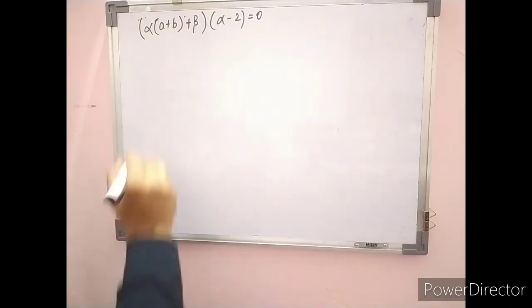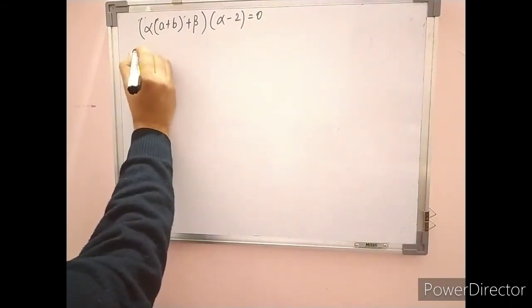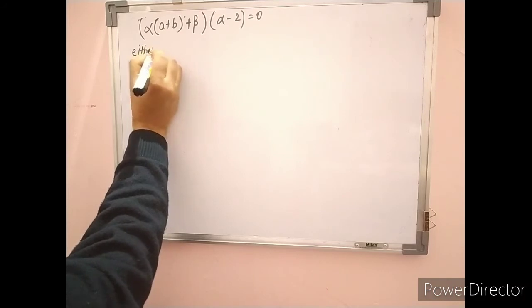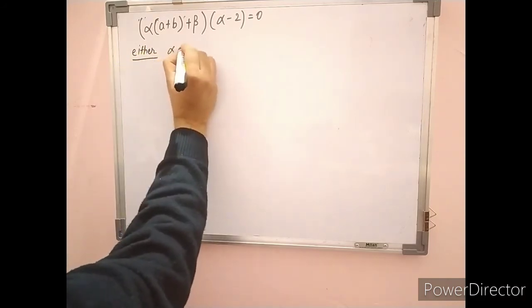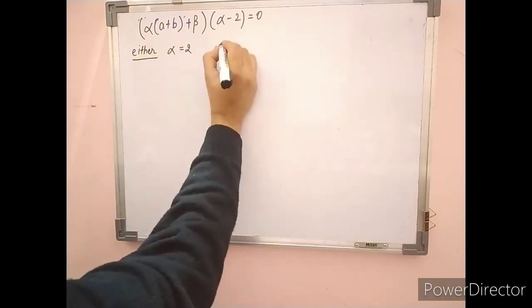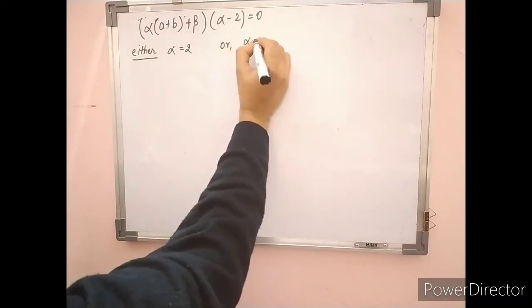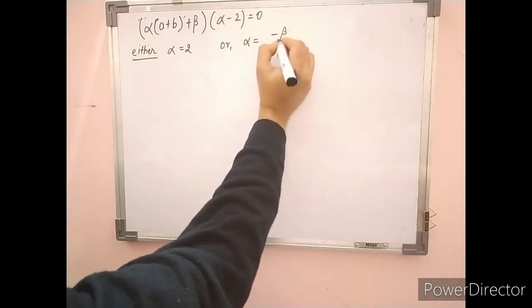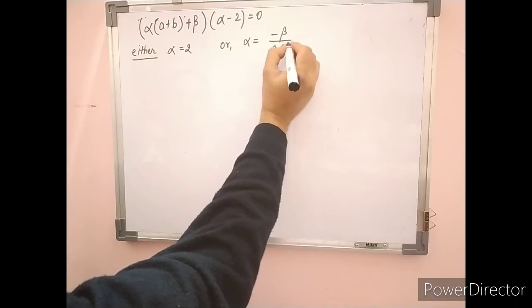So from here we can write either alpha is equal to 2 or alpha is equal to minus beta upon (a plus b).